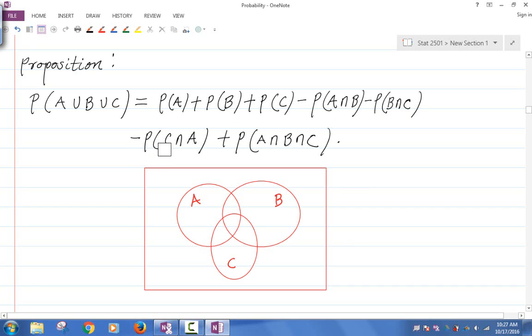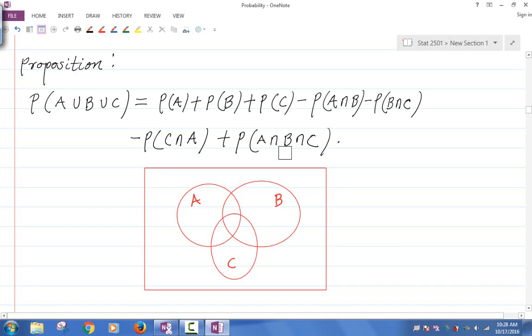But by the time you subtract out the probabilities of two-way intersections, you have subtracted out the probabilities of three-way intersections one too many times, one extra time. So that's why you're adding back in the probabilities of three-way intersections. If I have more sets, I'll be doing more.